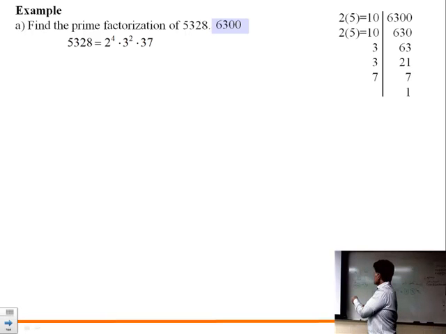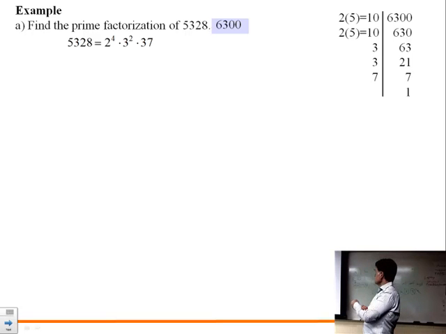And then what's left is 63, and now you go through the usual. You start with 2. If this happened to be even, you would start with 2, but it's odd, so we have to start with 3. Does 3 go into 63? Yeah. Goes in 21 times. Does 3 go into 21? Yes.